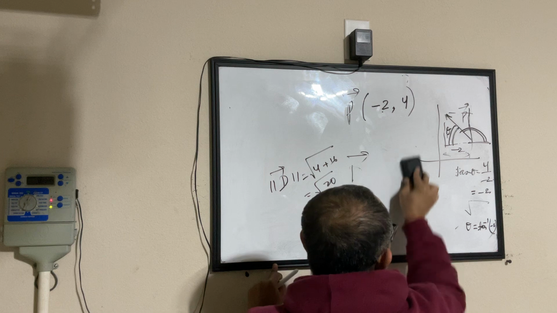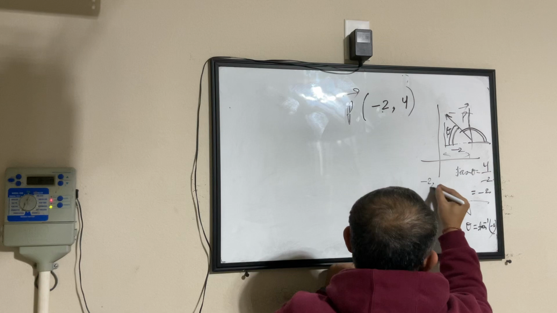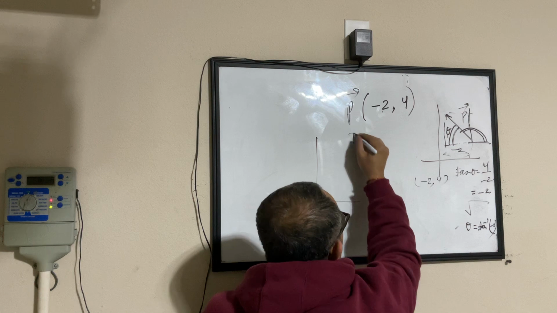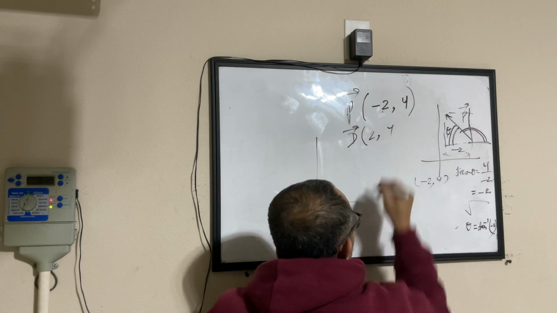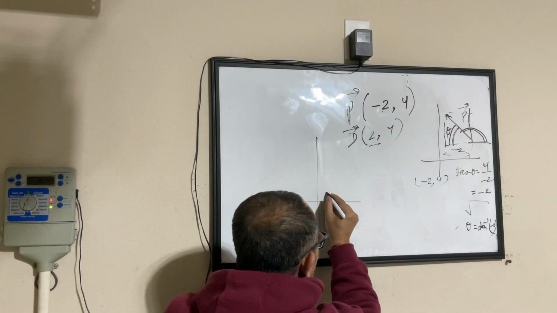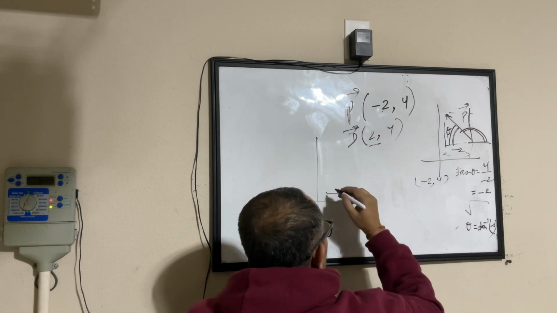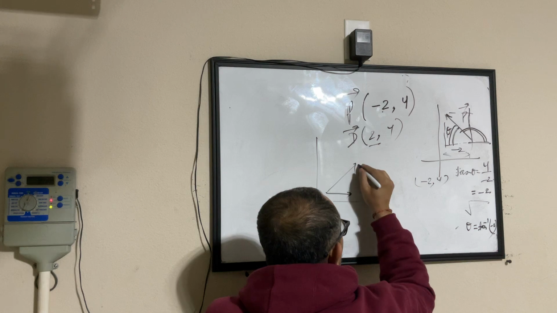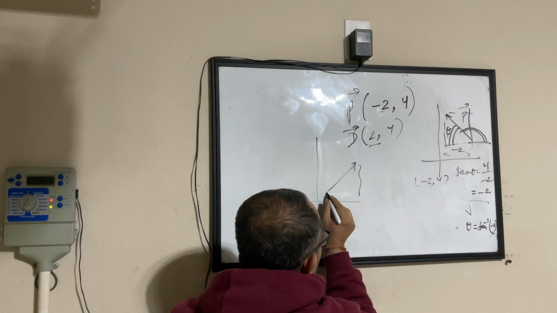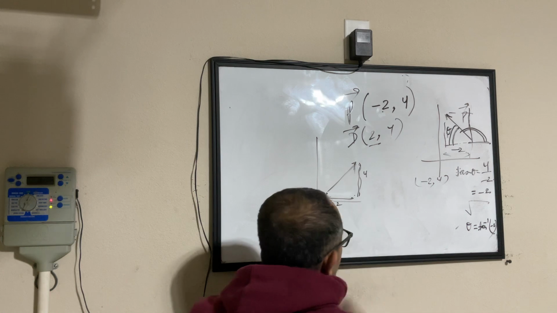Now, the second one. This was the negative scenario, when we saw minus 2 and 4. Now look at the positive scenario. If I am talking about the second vector, Dev, this is 2, 4, meaning my x value is positive and my y value is also positive. Between origin and terminal point, my x value is increased by 2 units, and my y value is increased by 4 units.